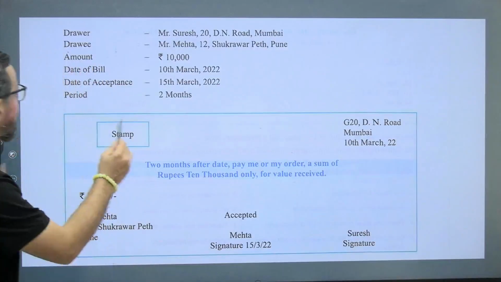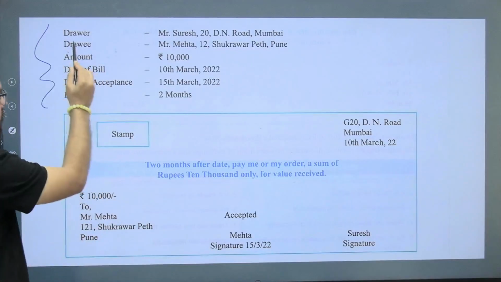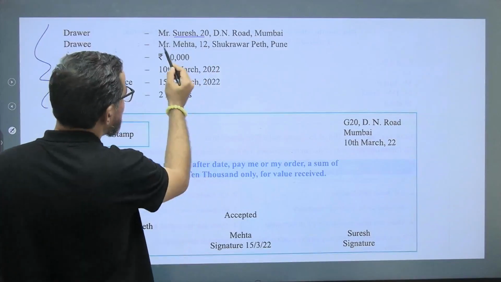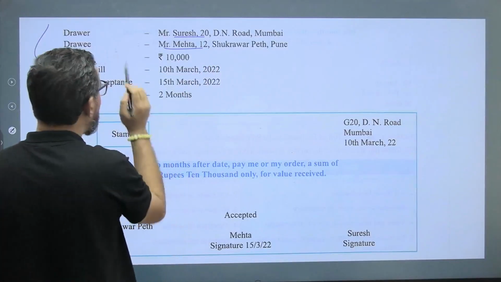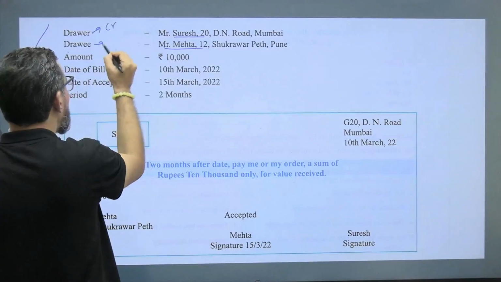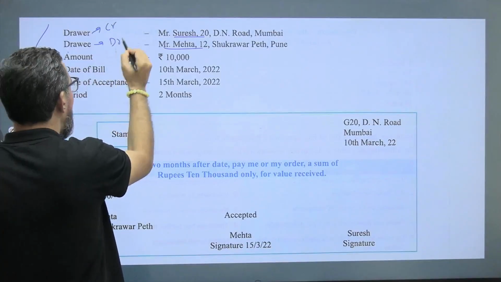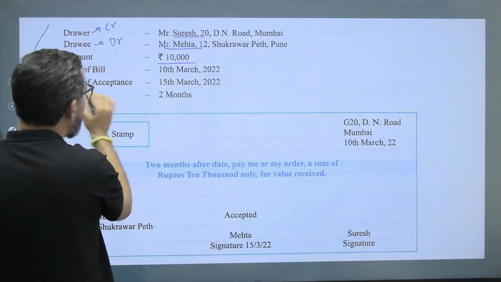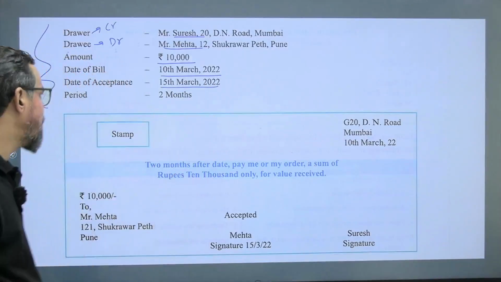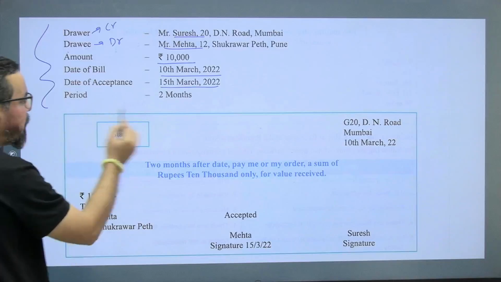So let's say we have the drawer, Mr. Suresh. This is in your book itself. Mr. Mehta is the drawee. A drawer means your creditor and the drawee is your debtor, right? Amount is 10,000. Date of bill is 10th March, and 3 days is the grace period, and the period is 2 months.